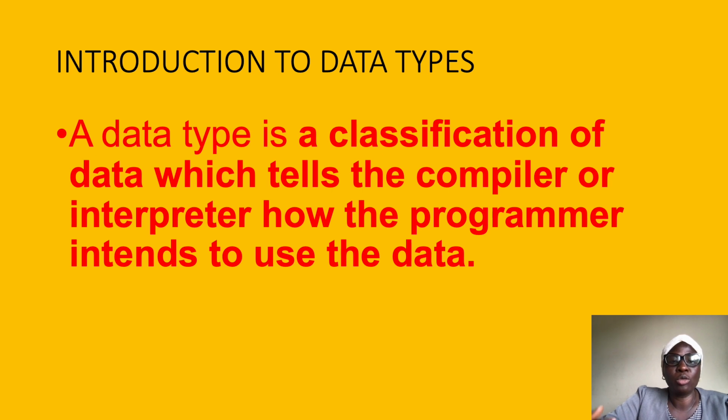How do you now instruct your compiler, your translator generally, how you want your data to be used, how you want it to be interpreted? So that is basically what data type is. So earlier on, you need to state the various data types you use. You need to instruct your computer, your compiler, the way you want your data type to be seen, recognized, and used.